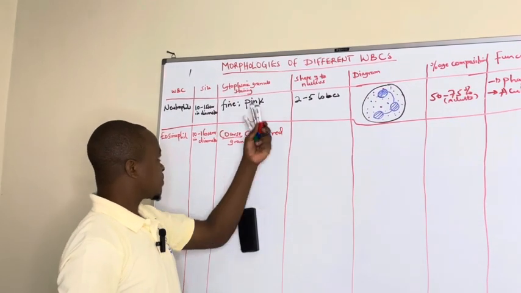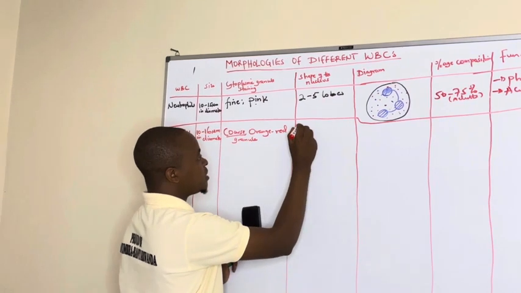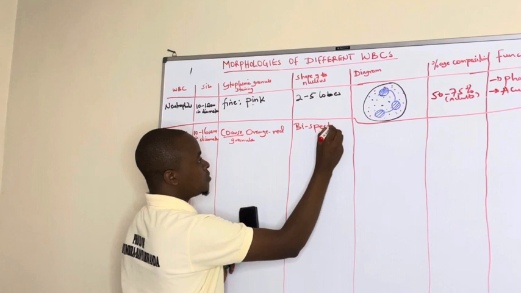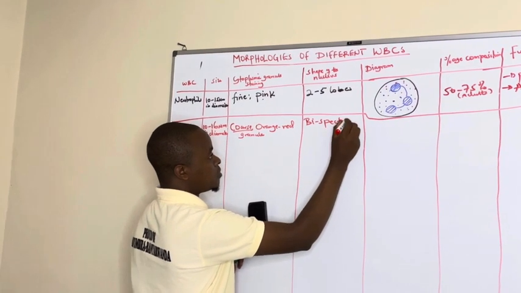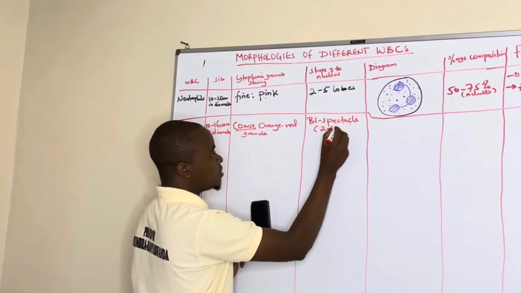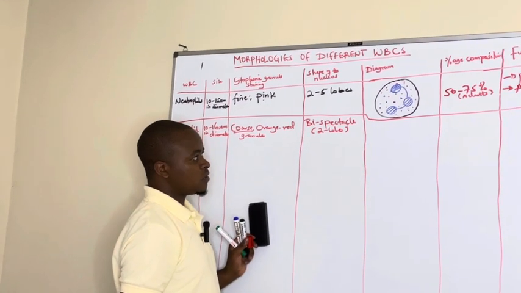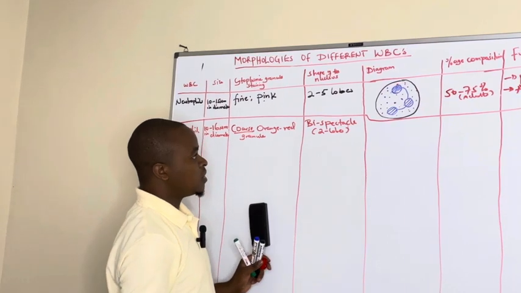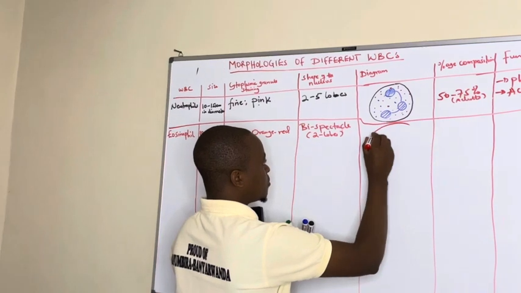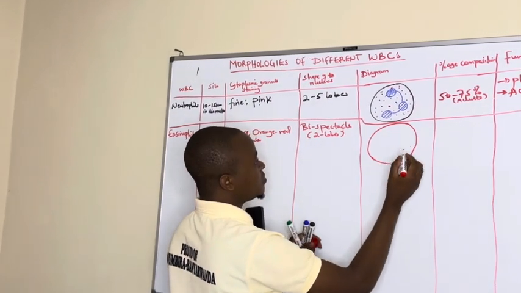So this is how we see them. And the shape of the nucleus is bispectacle in shape. It has two lobes, so it is bilobed, but bispectacle in shape. And if I can draw it, it is slightly larger than the neutrophil.